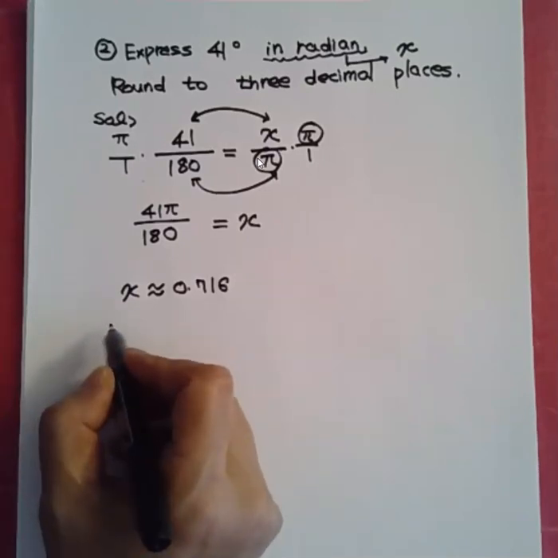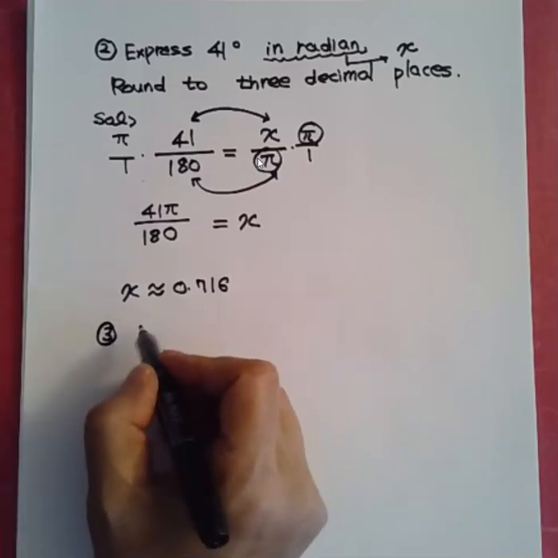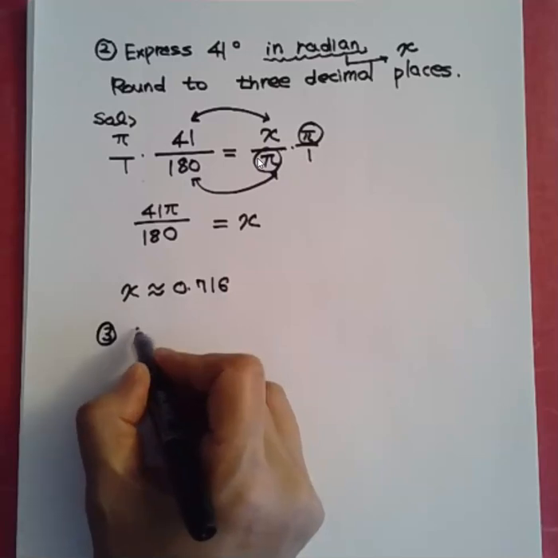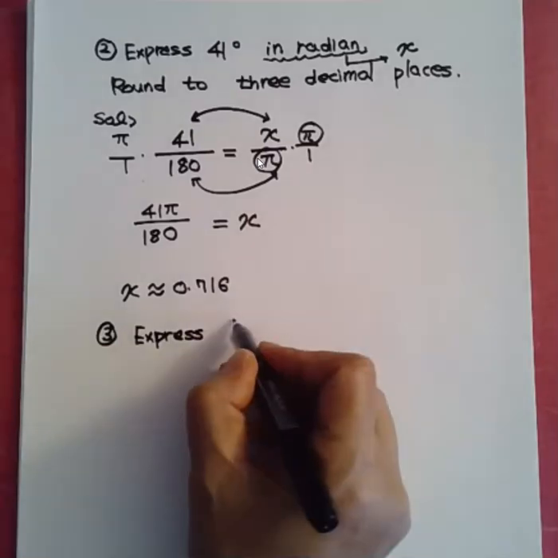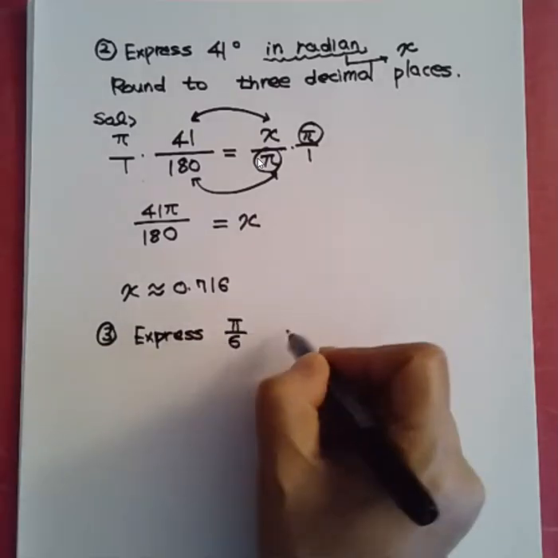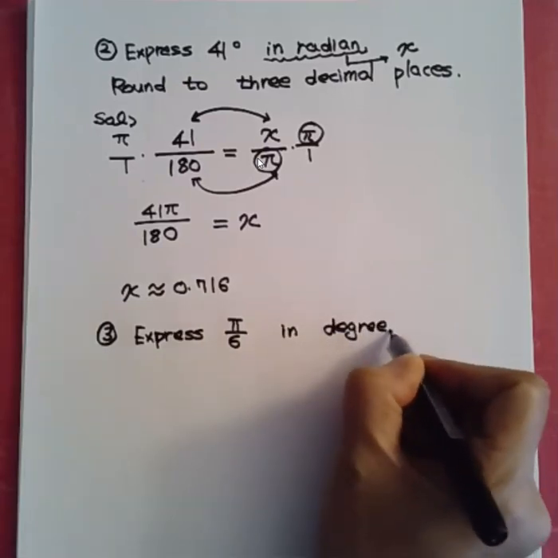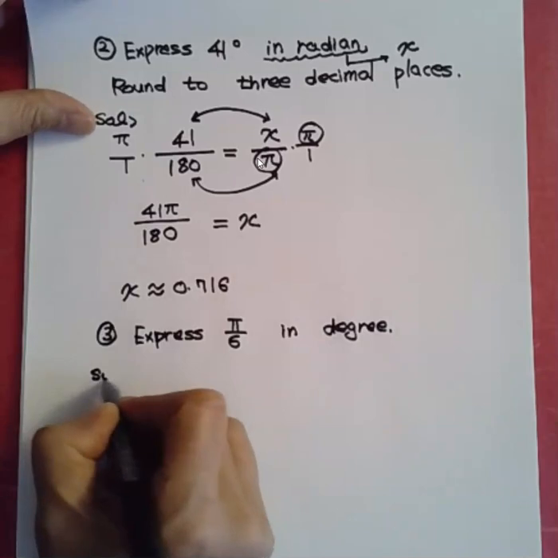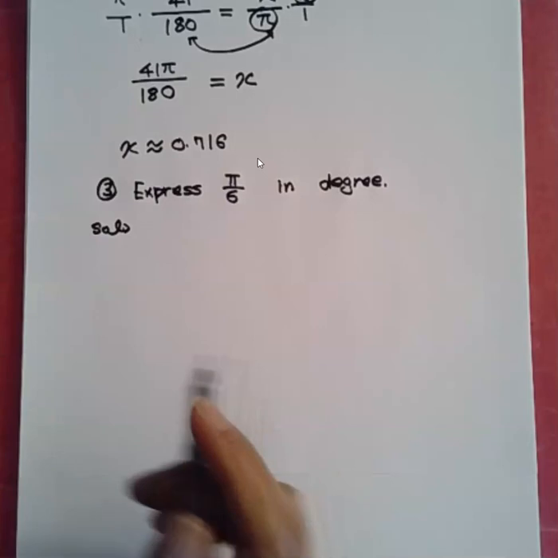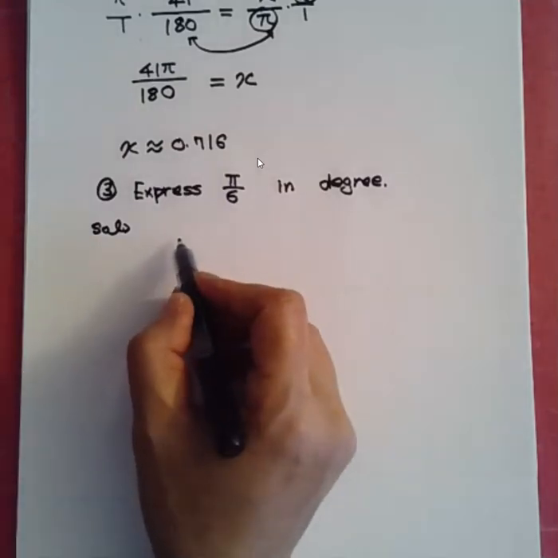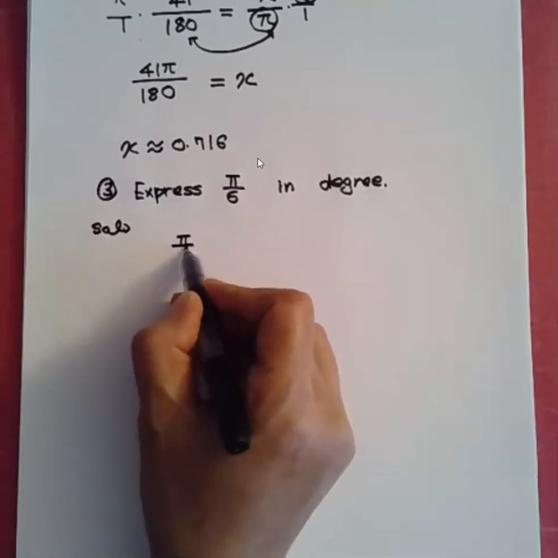The next problem is the other way around. We have a radian measure of the angle. We want to convert that radian angle pi over 6 in degree. We do the same thing, but on the left side, let's compare the radian angles. Pi over 6.